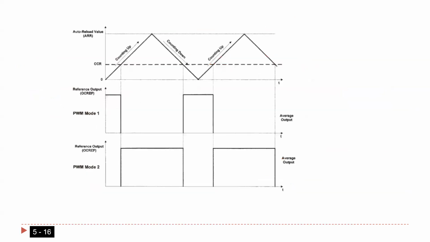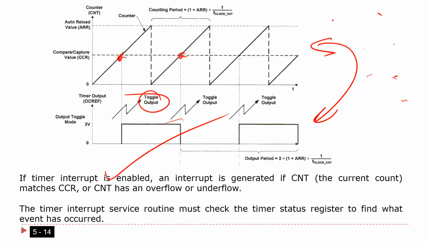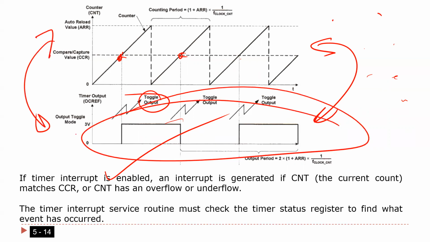Until now, I linked the counter to the generated signal. I didn't yet explain how you can use interrupts. As I said, I'm going to give you examples to generate signals without using them, so you may not need interrupts.